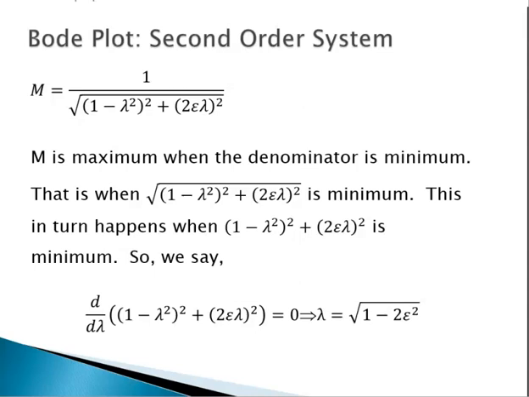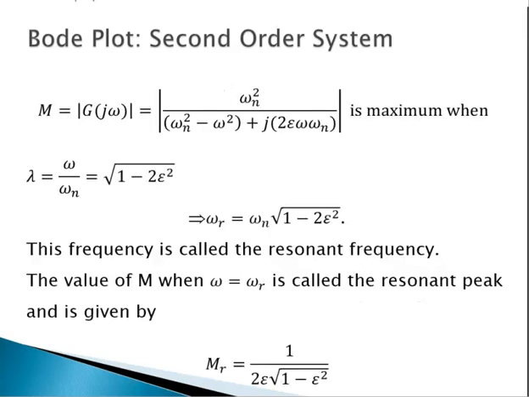Okay, M is given here, that is the magnitude ratio, and this M is maximum when the denominator is minimum, that is when the quantity under the square root is minimum. So we differentiate that and find lambda is under root 1 minus 2 xi square.